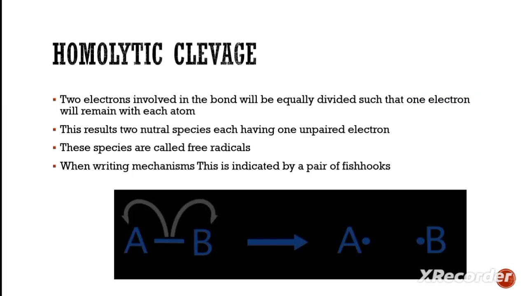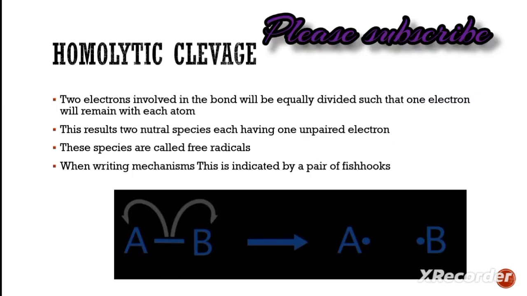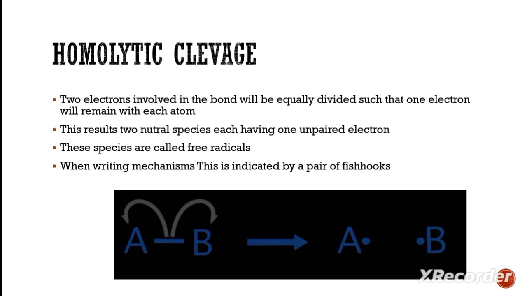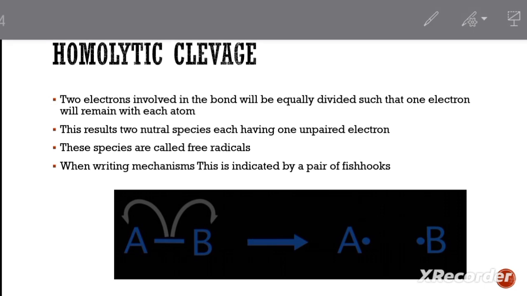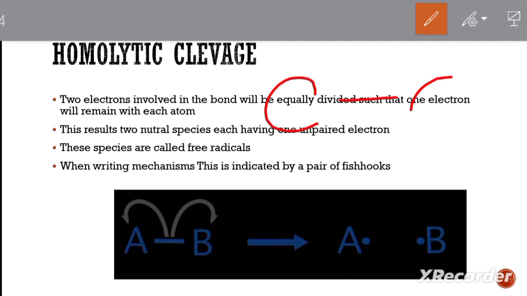Then we will discuss homolytic cleavage. In this, the 2 electrons involved in the bond will be equally divided in such a way that 1 electron remains with each atom. For example, a carbon-carbon single bond is there and each carbon has 3 electrons belonging to it.